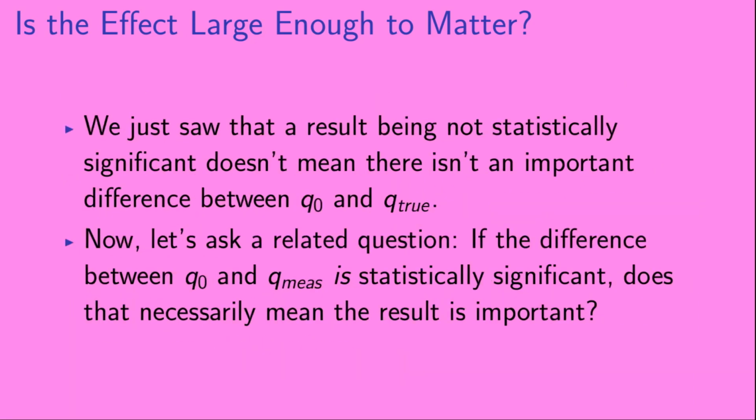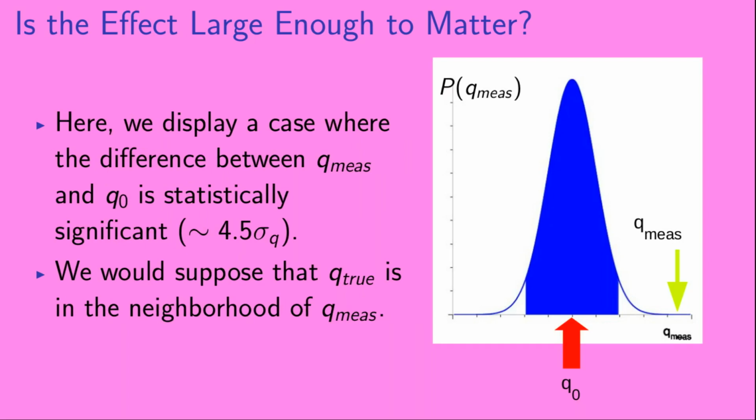Okay, so we just saw that a result being not statistically significant doesn't mean there isn't an important difference between Q naught and Q true. Now let's ask a related question. If the difference between Q naught and Q measured is statistically significant, does that necessarily mean the result is important? Here we display a case where the difference between Q measured and Q naught is statistically significant.